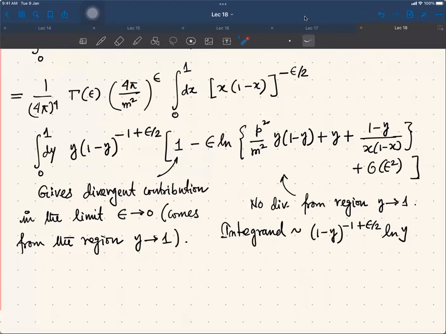Near y equals 1, we have this 1 minus y to the minus 1 plus epsilon by 2, and of these two terms, only this term dominates, log times log y. That is how the integrand behaves.